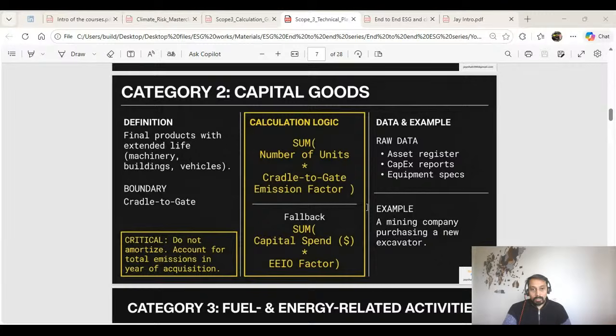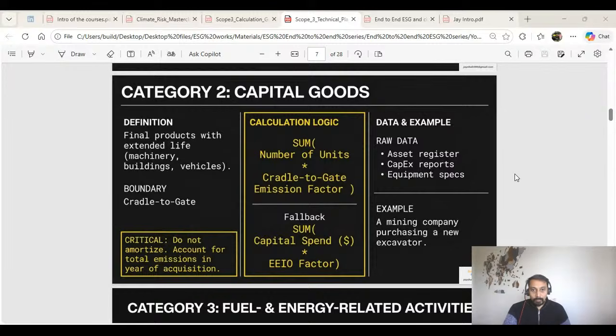You can mention the typical data sources: asset registers, capex reports, or engineering specifications in your report. This category is more relevant to construction, mining, infrastructure, and manufacturing companies, which fall into capital goods. Category 3, we will move into the next category.